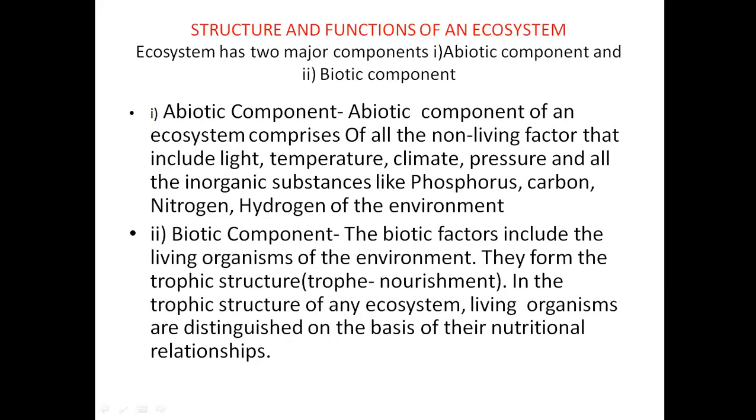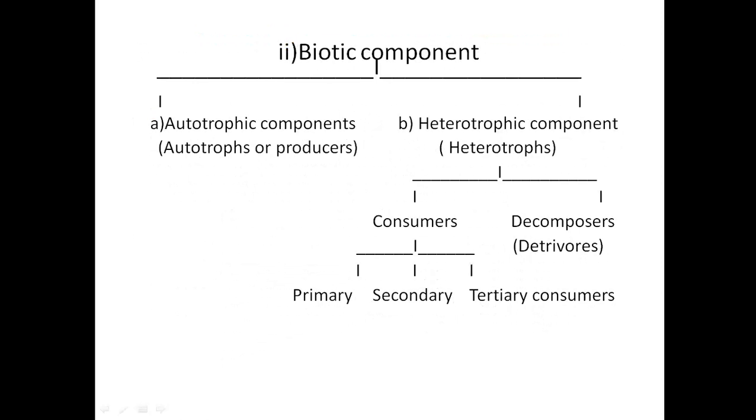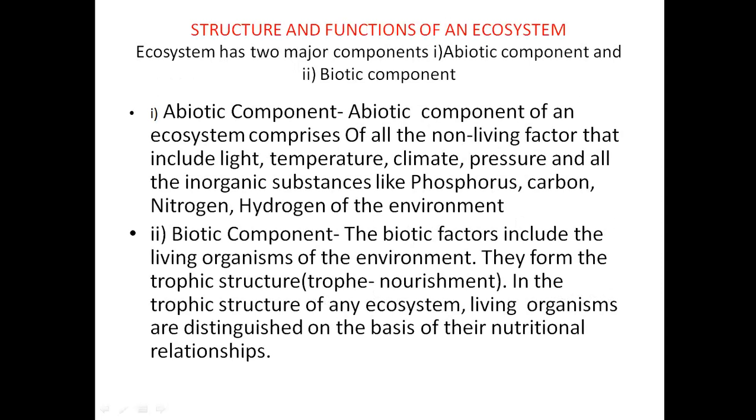So biotic component is the living component of an ecosystem, whereas abiotic component, a meaning without, so without bio meaning living, is the non-living component. So the two major components of ecosystem are the non-living component and the living component.